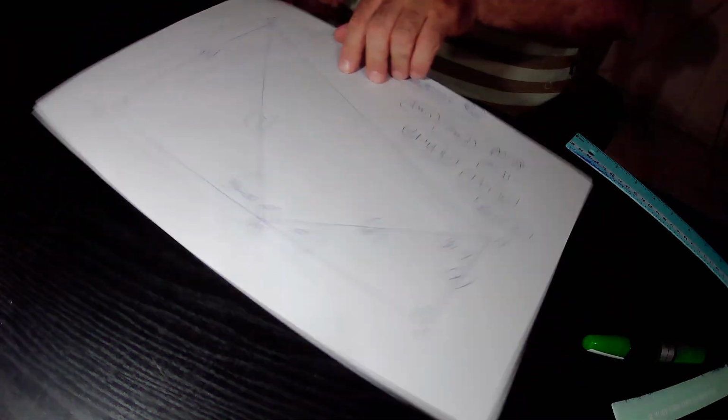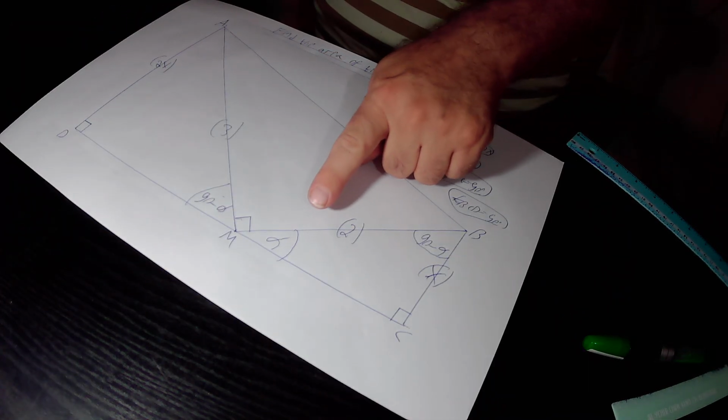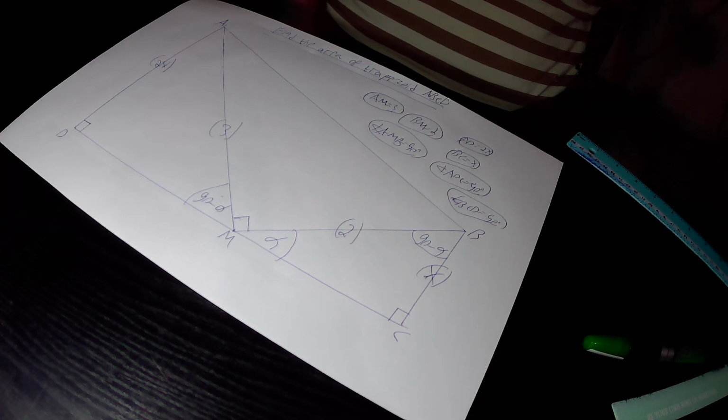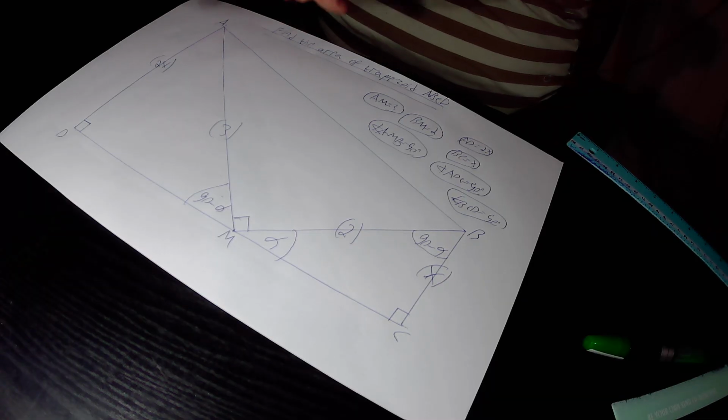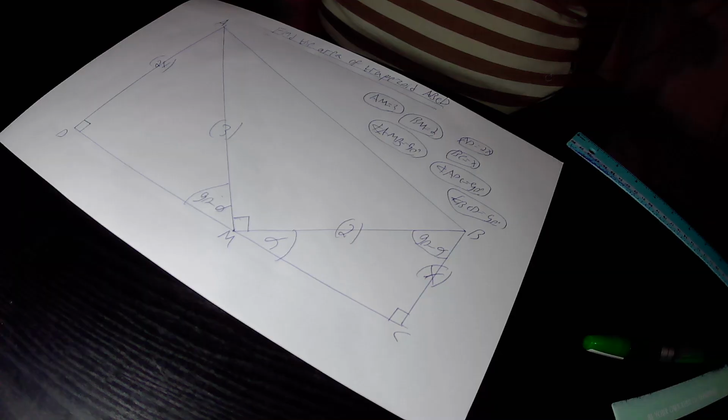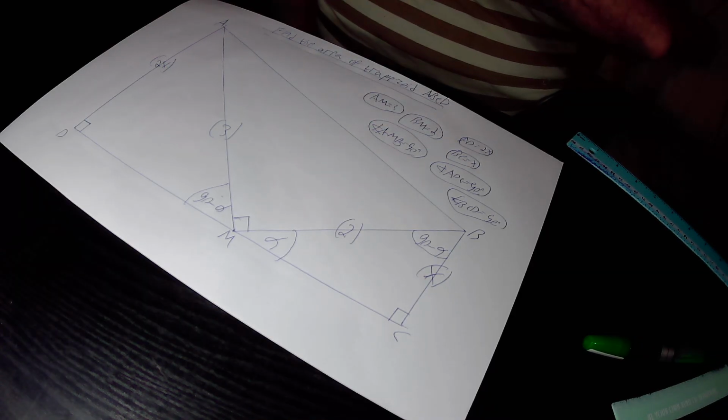Why? Because 90 degrees minus alpha plus alpha is 90 degrees, and 90 degrees plus 90 degrees is equal to 180 degrees, exactly according to rule 3.